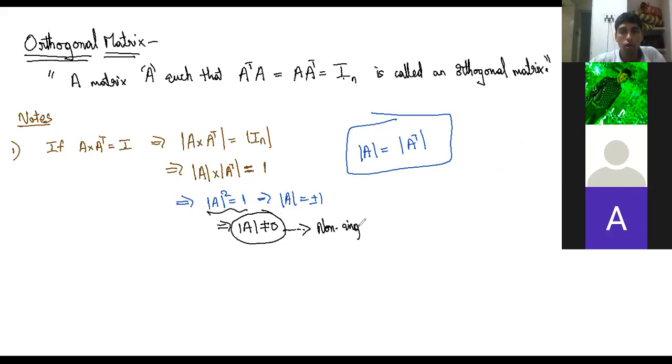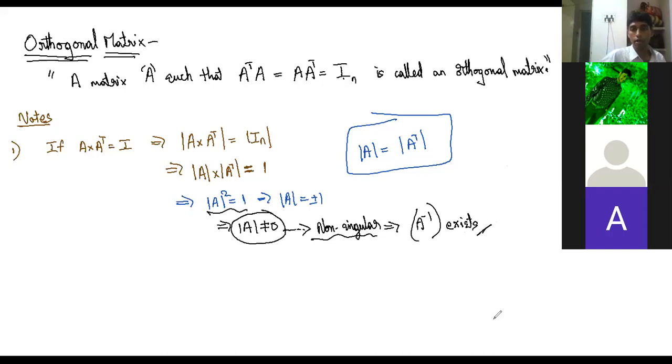What is the importance of a non-singular matrix we discussed? Whenever a matrix is non-singular, that implies that its inverse exists. This is what I told you the last time. We did not discuss anything, but I told this the last time. A inverse exists because it is non-singular.